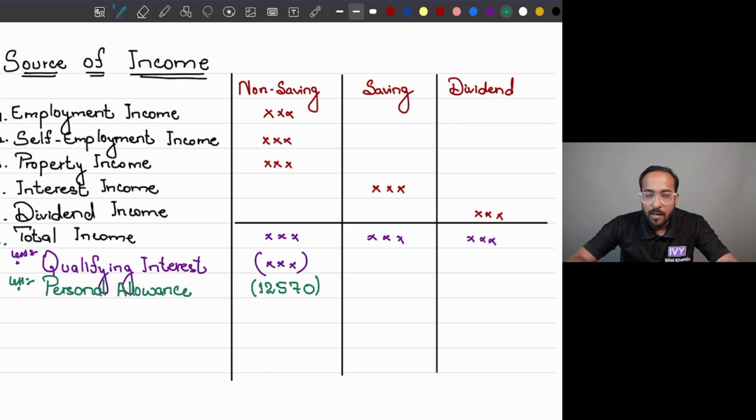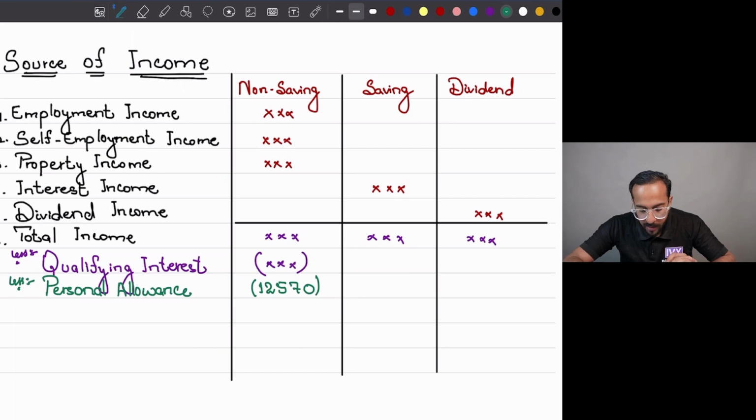What if, sir, my total income is 12,571? So I would say that the extra amount after deducting the 12,570 is £1. You need to pay tax on that £1. So it means whatever amount is excess, you will have to pay tax on it. I believe you are getting the point, right?